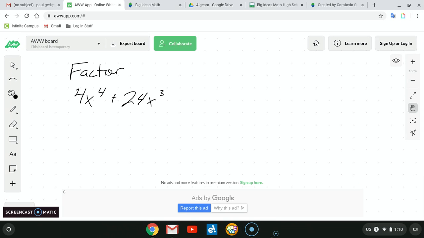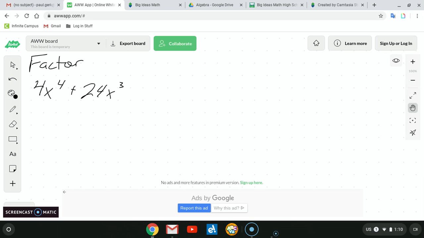All right. So let's look for the GCF of each of our terms. So we need to find the GCF of the coefficients first. And we'll go red.